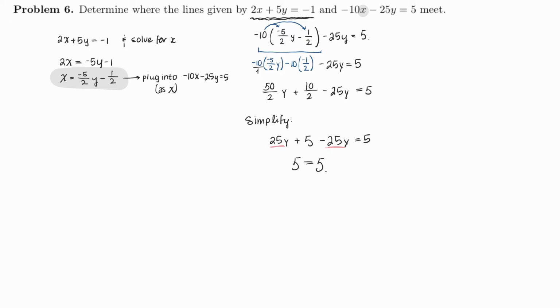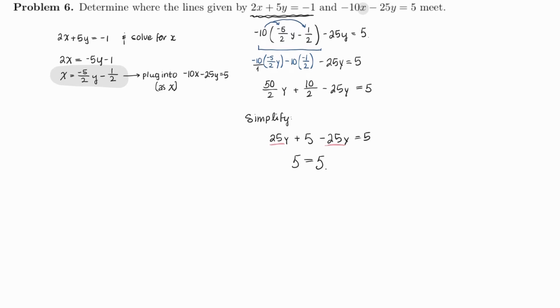Okay, so if you'll remember from class, what this meant was that these two lines are exactly the same. So let's write that down.